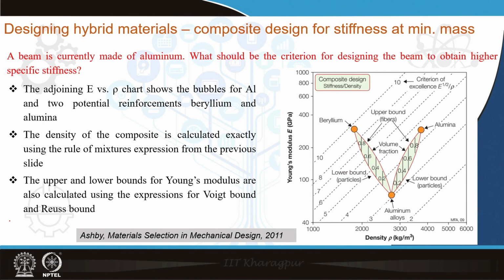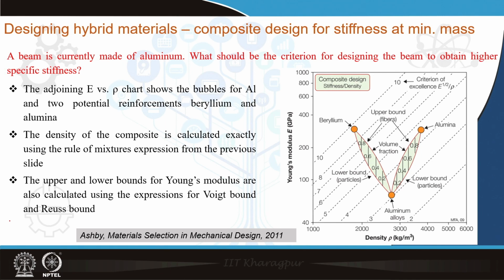So, what we simply do here is calculate these expressions, and this region, which is bounded between the upper bound and the lower bound, is the area within which the properties of the composites between aluminum and alumina, or between aluminum and beryllium, must lie if a composite is fabricated between these two constituents.